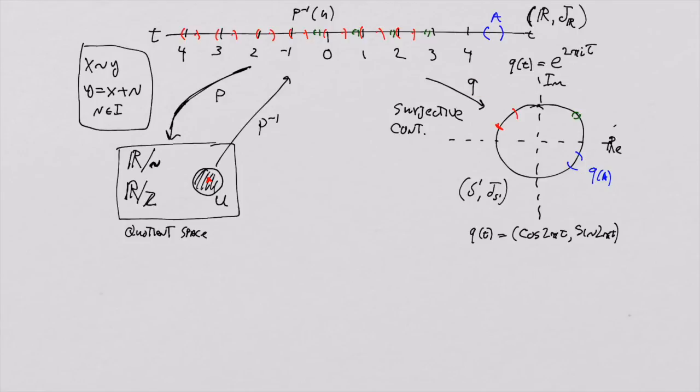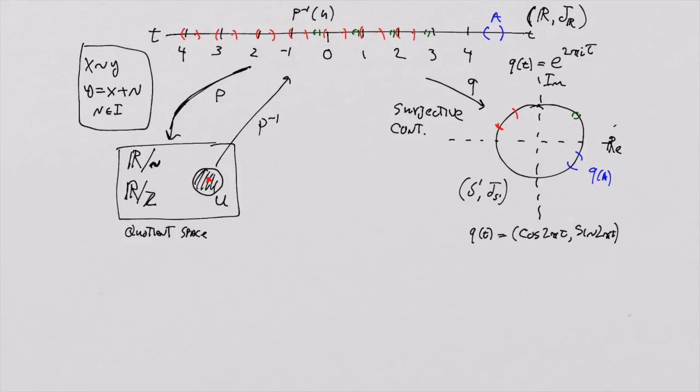The requirement is that if the preimage of some set in S1 is in fact open in R, then that set in S1 had better be open in S1 for this to be a quotient map.